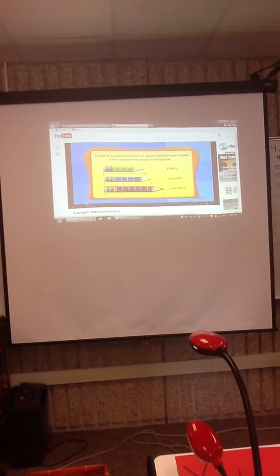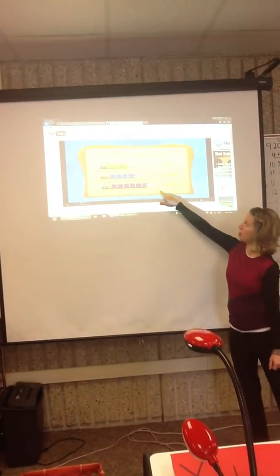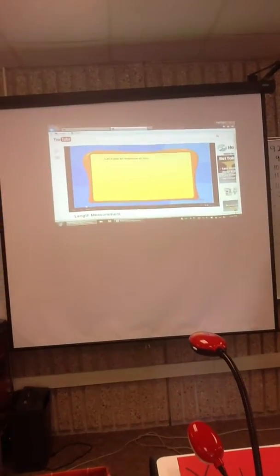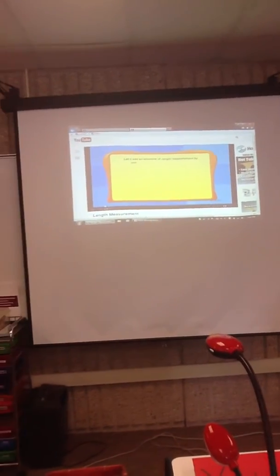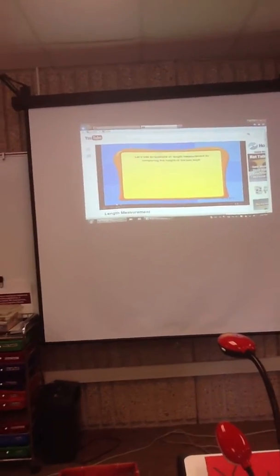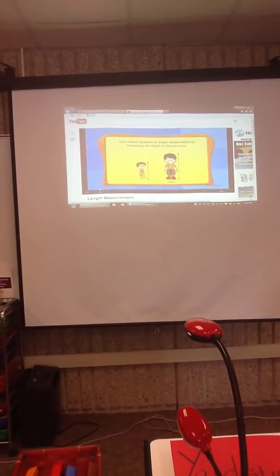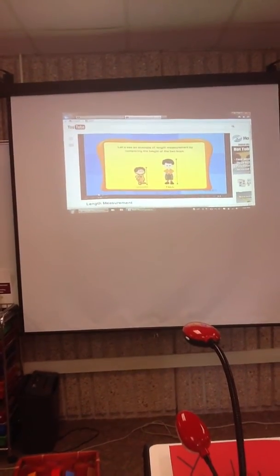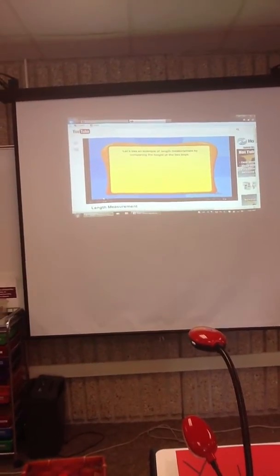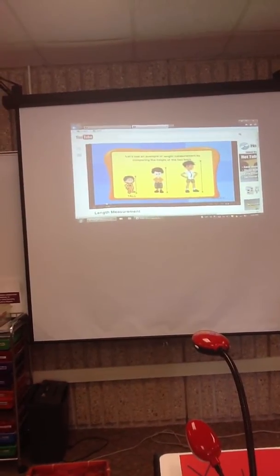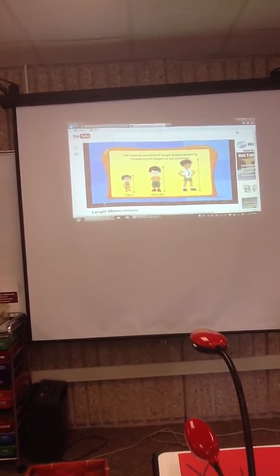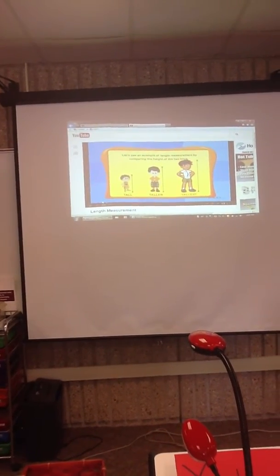And this is the longest pencil. Let's see an example of length measurement by comparing the height of two boys. This boy is tall, but this boy is short. This boy is tall, this boy is taller, and this boy is the tallest.